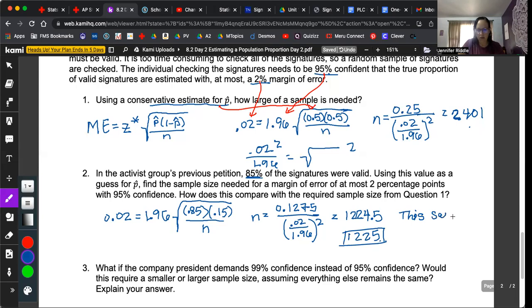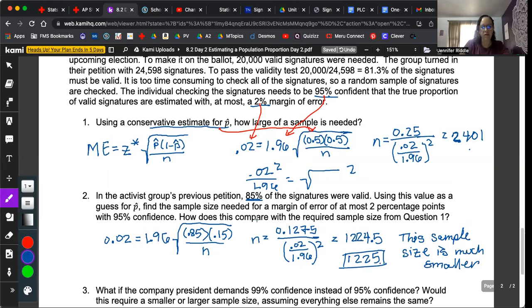We have better validity, and so it's going to take fewer samples to get the result we want, because that sample size is down in the denominator of our fraction.